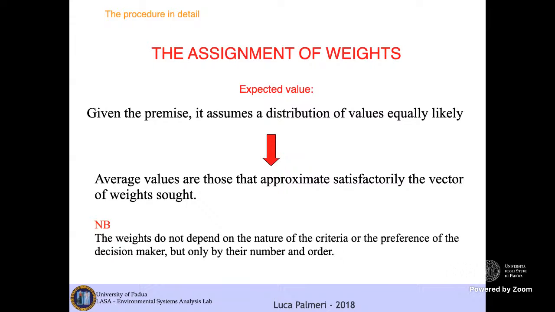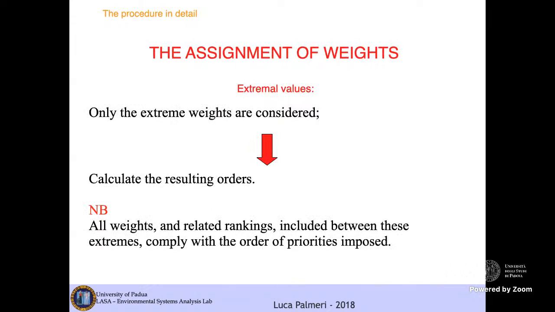So in this case, we are not using eigenvectors or eigenvalues. Instead, we are using values derived by expected values. The weights do not depend on the nature of the criteria or the preferences of the decision maker, but only on their number and order.